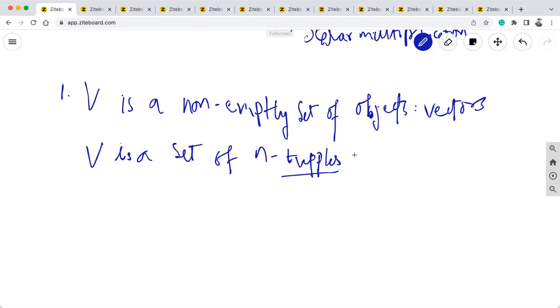It may be a set of matrices as well. So it should be a non-empty set of objects called vectors. You can denote the vectors as ket v1, ket v2, and so on. They are the elements, and they should belong to the set capital V. This is the first axiom.